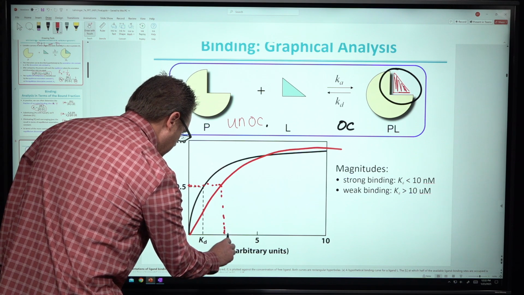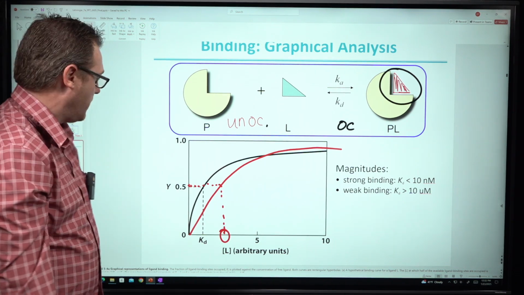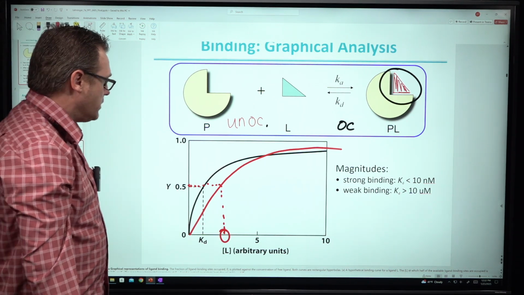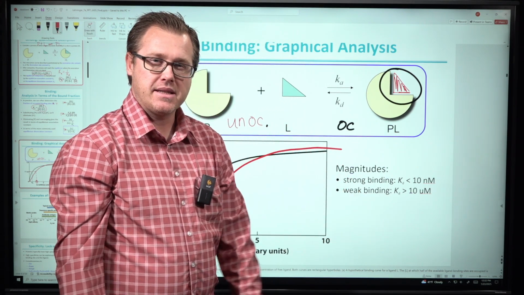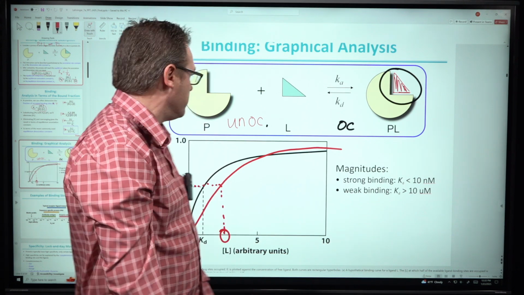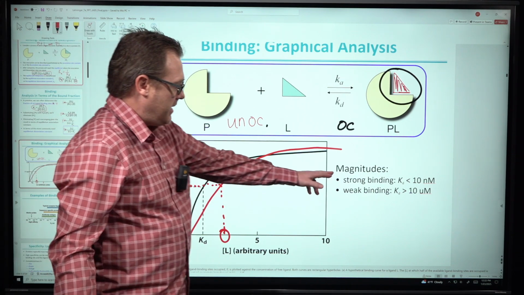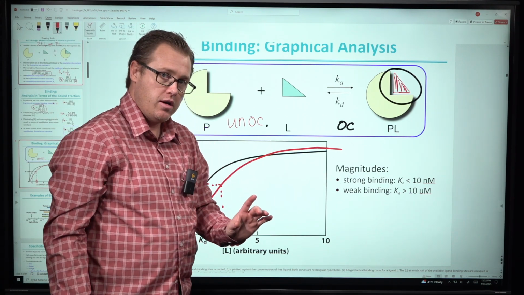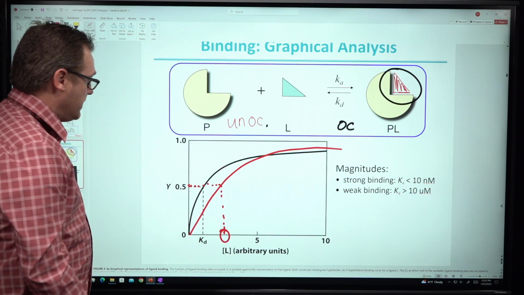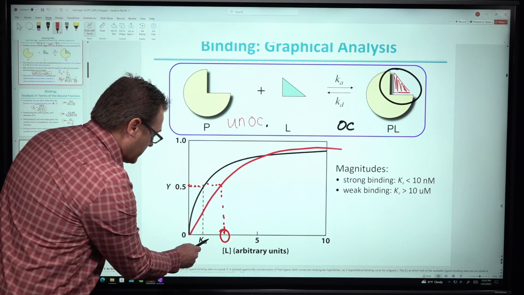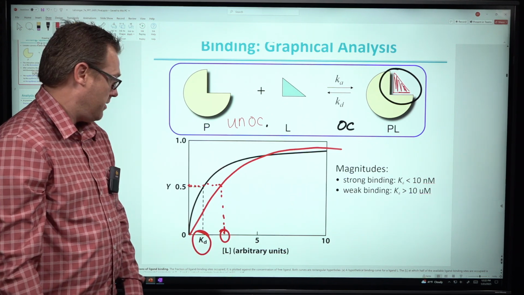So this is the KD for this imaginary protein. So which one binds its ligand the best? Coming back to this, a smaller KD means tighter binding. So the black curve has a smaller KD. So it binds much better.